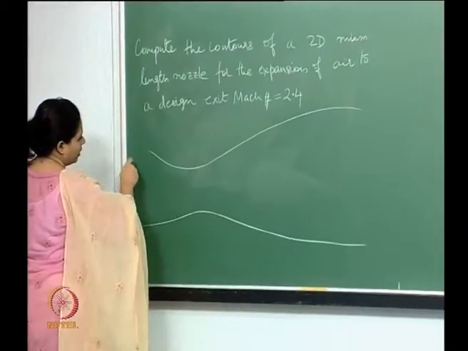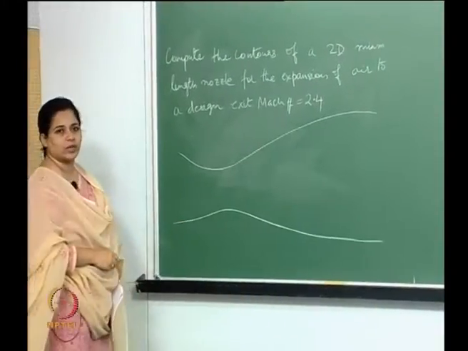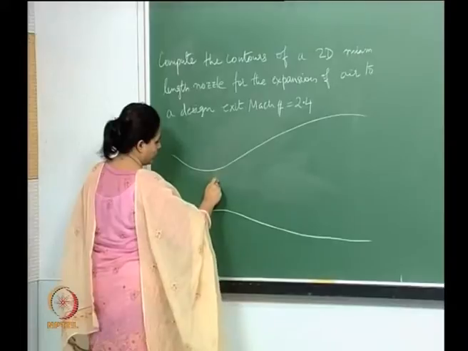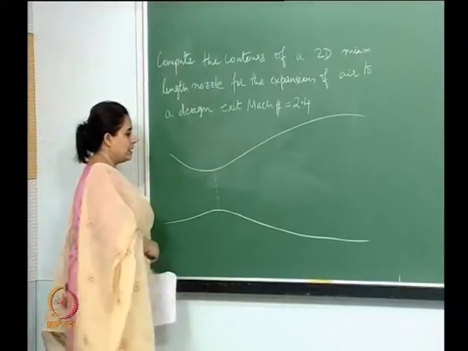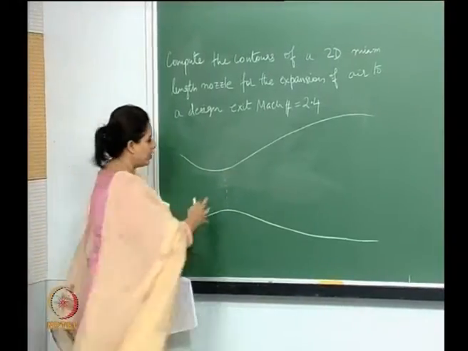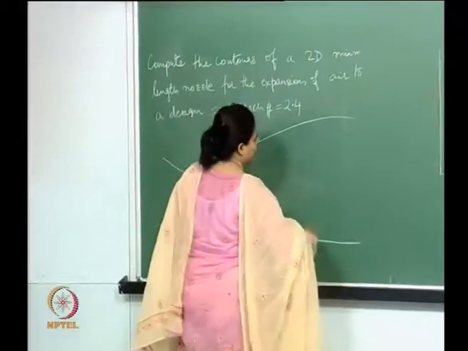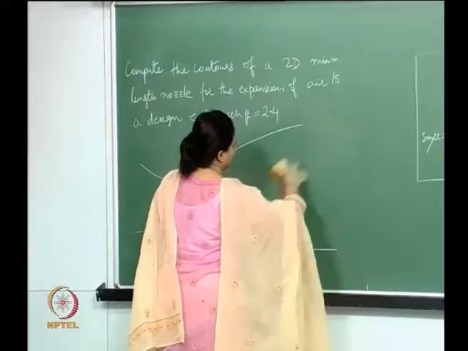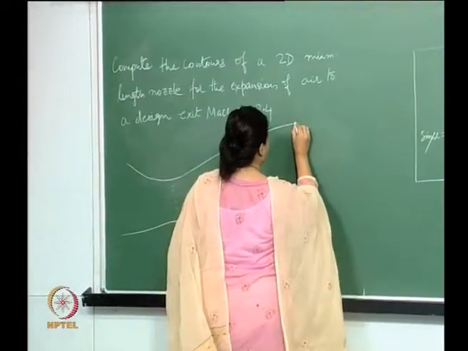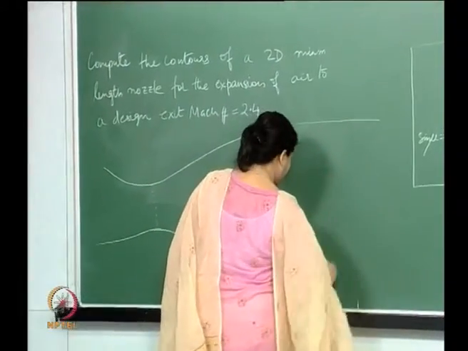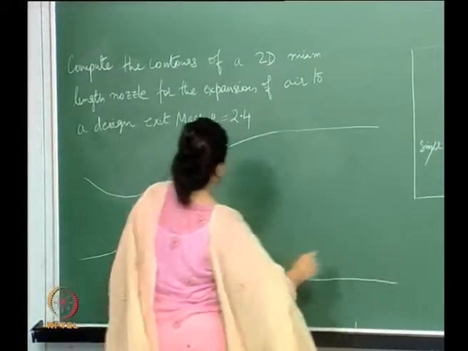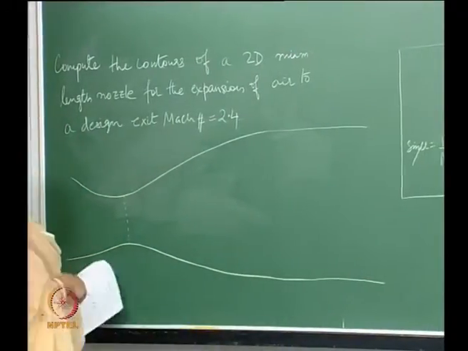Now, you have subsonic flow coming in here. This is the throat region. The flow is allowed to expand, and then we should get uniform flow at the exit.